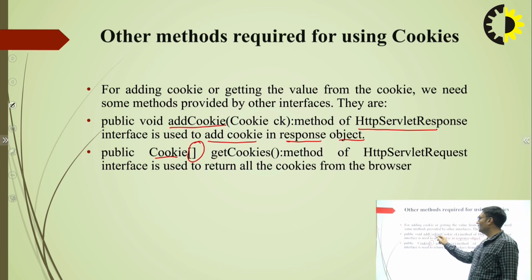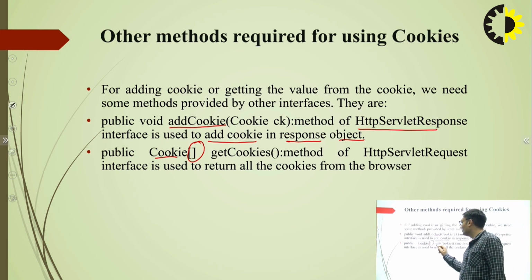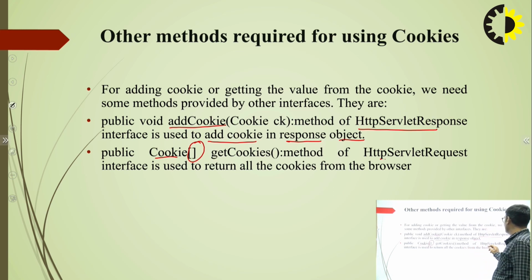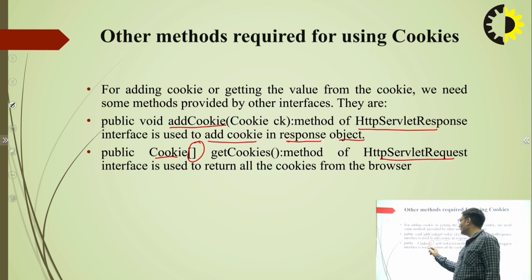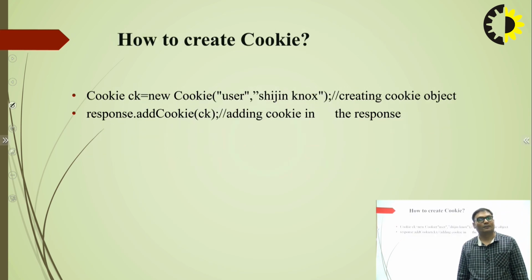So this method will be called through the response object. And the get cookies method of the HTTP servlet request interface is used to return all the cookies from the browser. So these are the 2 additional methods that can be used when we are writing a program for the cookie.